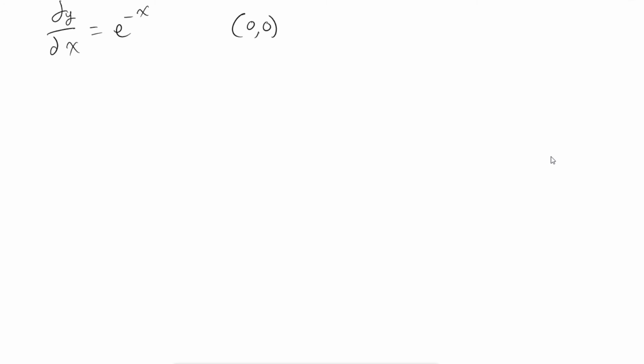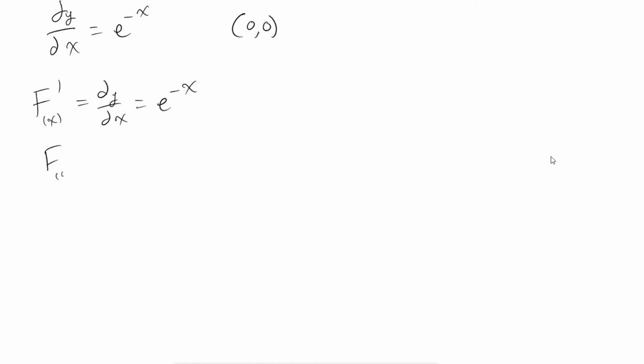The first thing I need to do is find the antiderivative, or solve this function. So once again, f, the derivative of big F of x, is equal to dy dx, which is equal to e to the negative x.